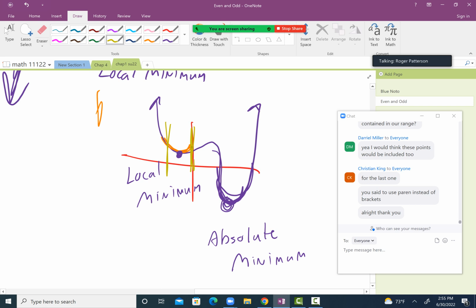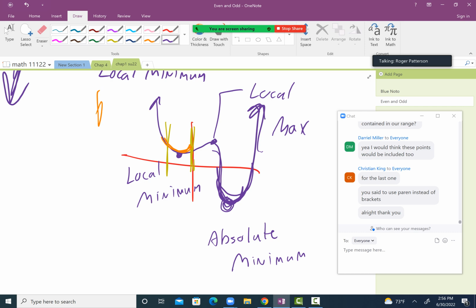But because we're looking at the whole graph, that becomes a local minimum. Now here, we would have a local maximum, because there are points here that are higher. So there are basically two types, local and absolute.